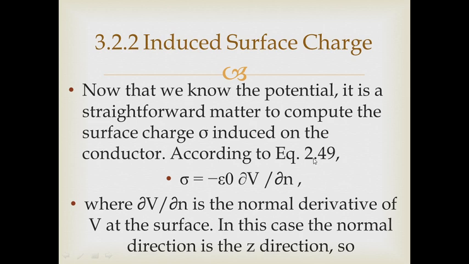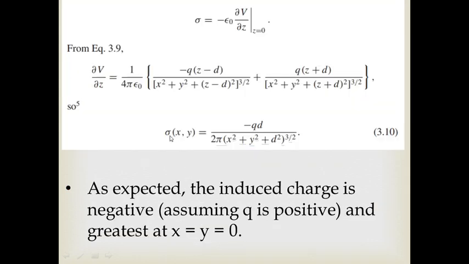According to equation 2.49 from the previous chapter, sigma as a function of x, y is equal to minus epsilon 0 del V upon del n, where del V upon del n is the normal derivative of V at the surface. In this case, the normal direction is the z direction. So, we have to differentiate the potential with respect to z, a partial derivative, and then multiply it by minus epsilon 0, which will produce the surface charge density sigma.